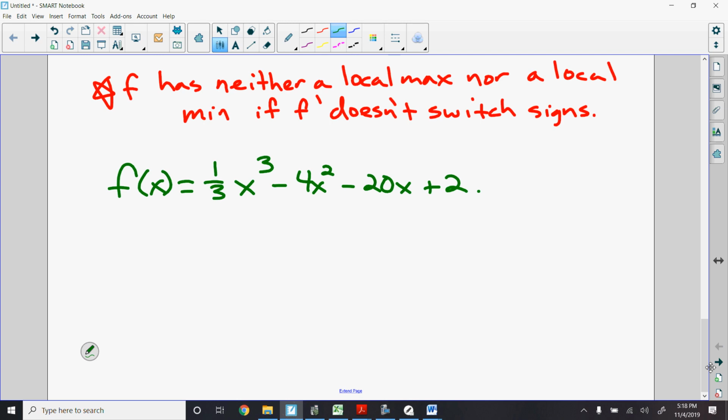What I want you to do is find the critical points and determine if they are local maxes, local mins, or neither.